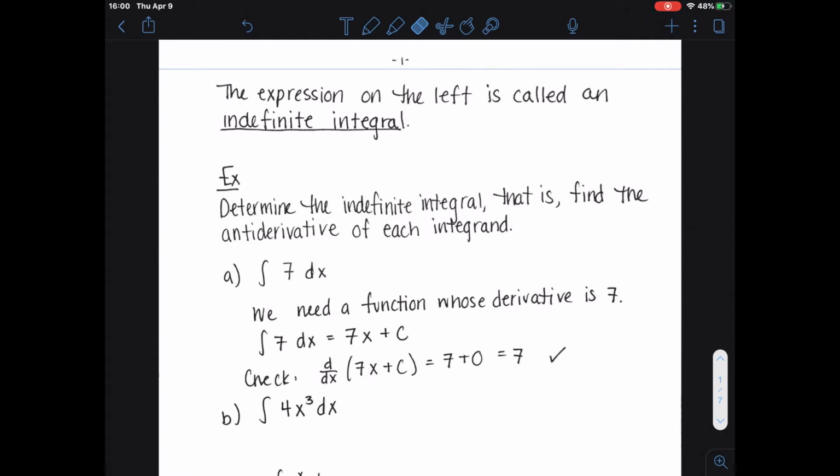So we're losing a power when we take the derivative. If we're undoing it, we're going to increase the power. So let's try x to the fourth plus c. Check our answer. The derivative of x to the fourth is 4x cubed, plus 0. This is exactly what we have inside of our integral, so we found the correct antiderivative.